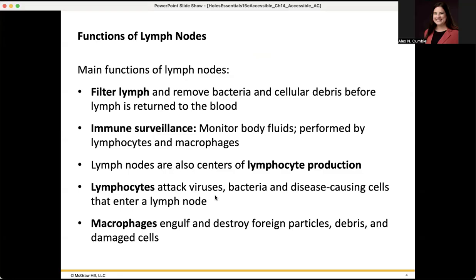These cells can attack viruses, bacteria, other disease cells, okay, that come into the lymph node. These macrophages can actually leave and go and engulf and destroy foreign particles, debris, and other damaged cells in the body. So this is really at the lymph nodes where we're mounting a defense. And if your lymph nodes are swollen or painful, likely there is an infection, right, that they are trying to take care of.